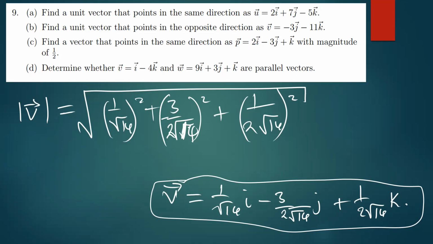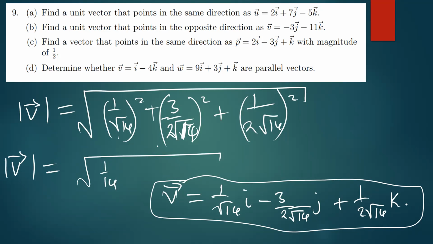And then from there, we just need to simplify this. So when you simplify that, the square of this part is simply 1 over 14.